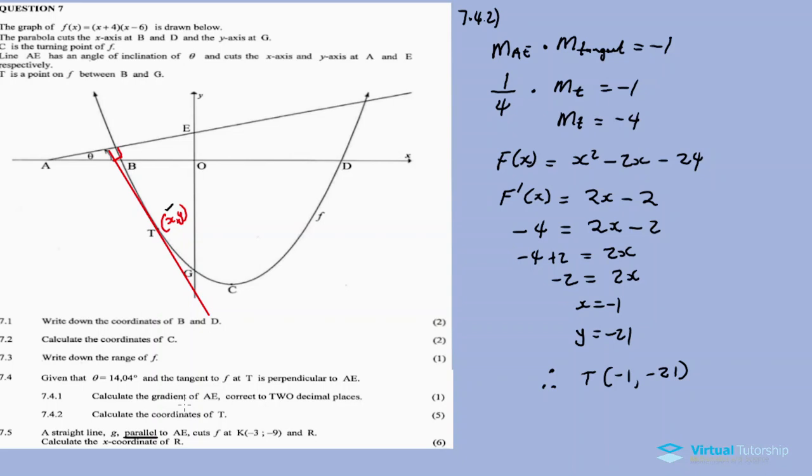Here is the graph, the straight line G. The straight line G is parallel to what?